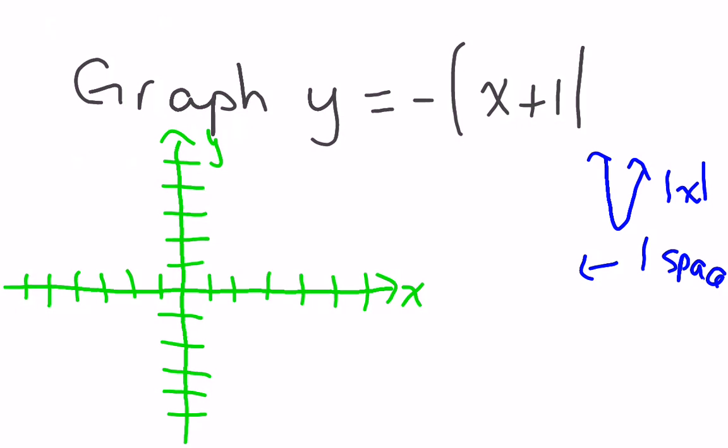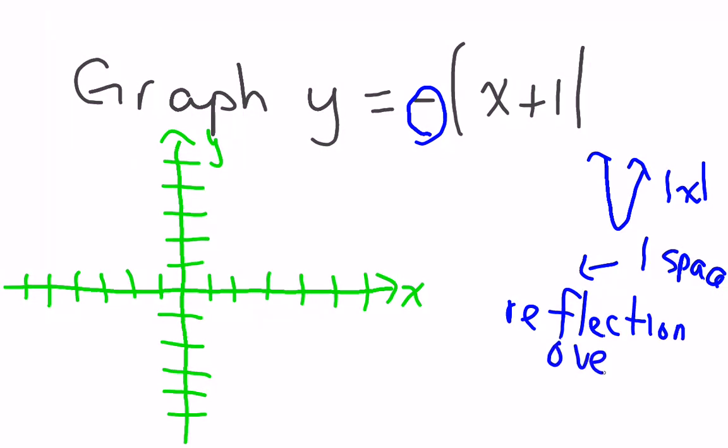And then we have this negative in the front of the function. We have to remember, what does that mean? If the negative is in front of the entire function, that means it has a reflection over the x-axis.